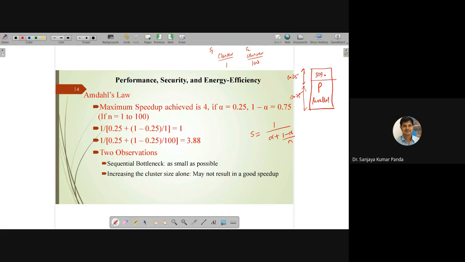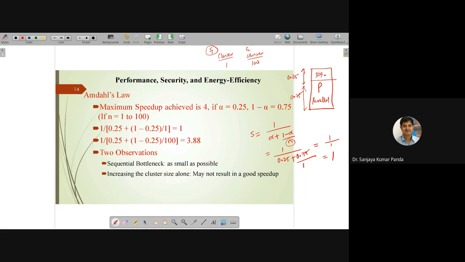Putting in the values for scenario 1: alpha is 0.25, 1 minus alpha is 0.75 divided by n, and n is 1. So 1 divided by 1 is equal to 1. In scenario 1, where the number of nodes is 1, the speedup is 1 only.